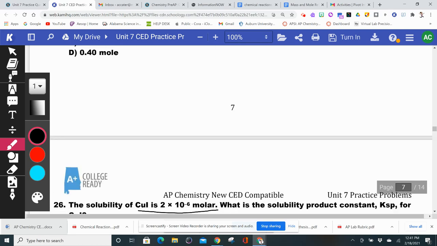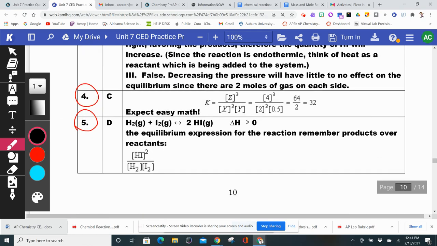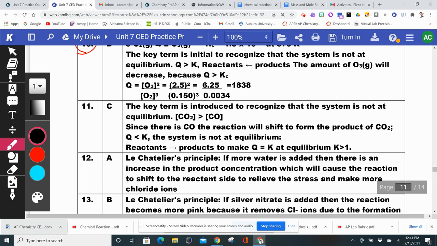But that's not the greatest question in the world, for sure. Key term is introduced to recognize that the system is not at equilibrium.